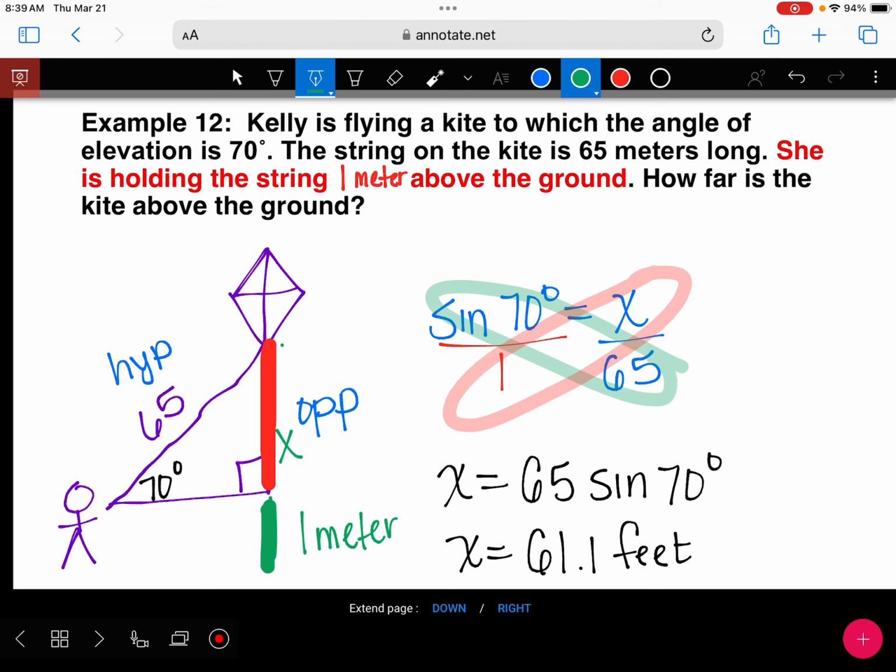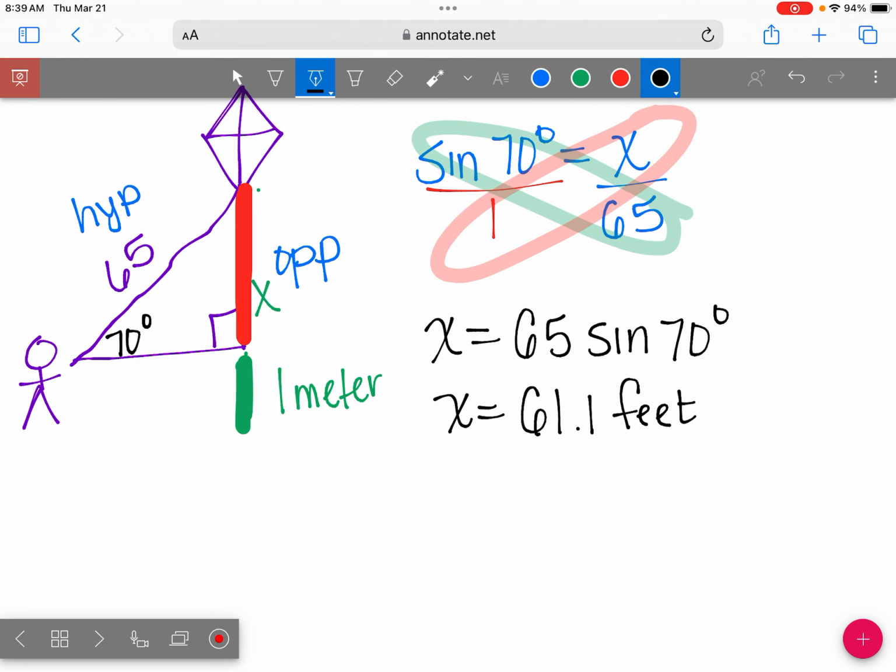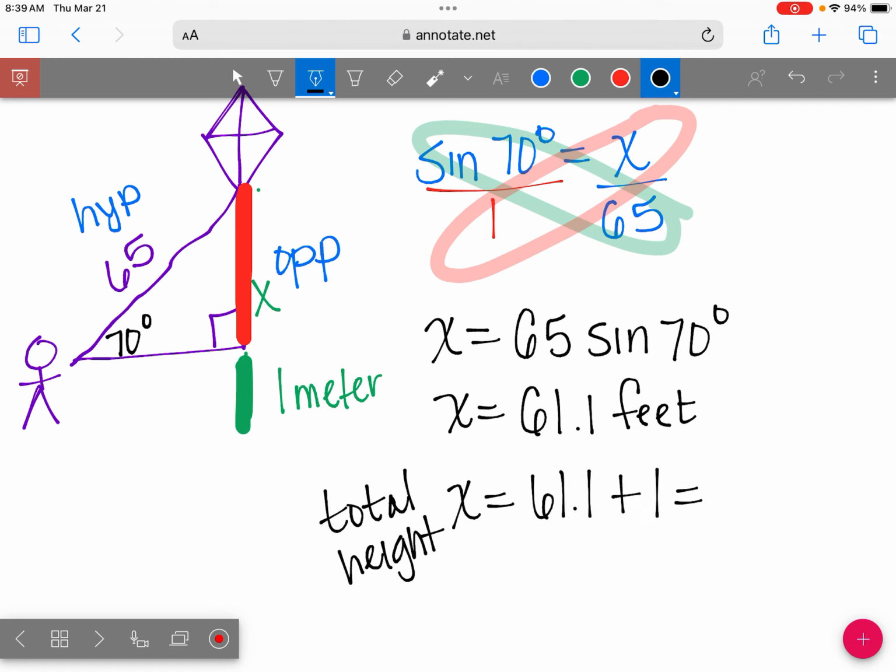So to figure out the actual total height, we would need to add that 1 meter. So the total height is 61.1 plus 1, which is 62.1 feet.